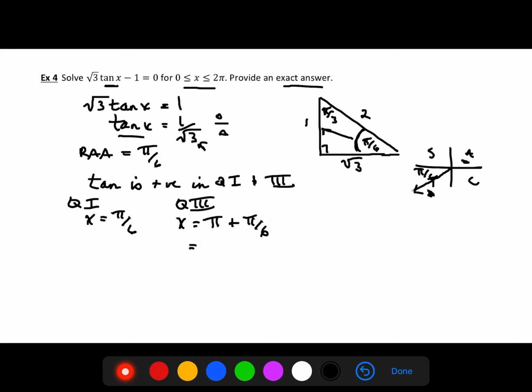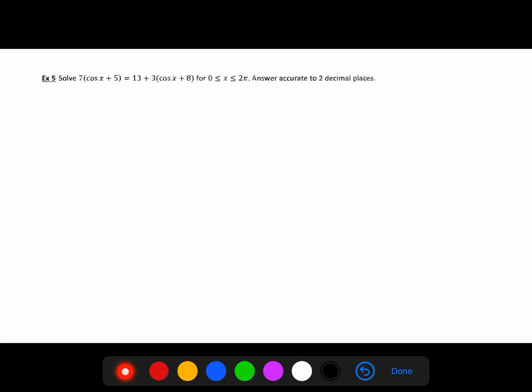So x is going to be equal to pi, which is 180, plus our pi over 6, 6 pi over 6, getting a common denominator, plus pi over 6 gives us 7 pi over 6, which means that, again, we have two solutions, pi over 6 or 7 pi over 6.